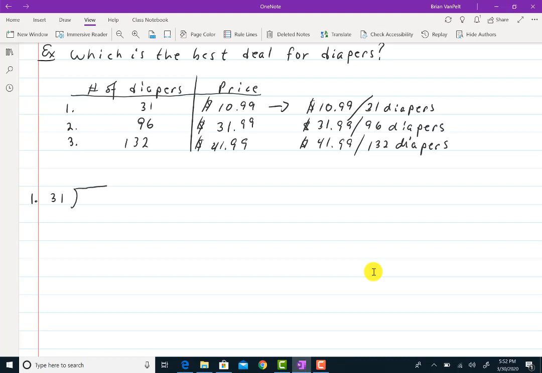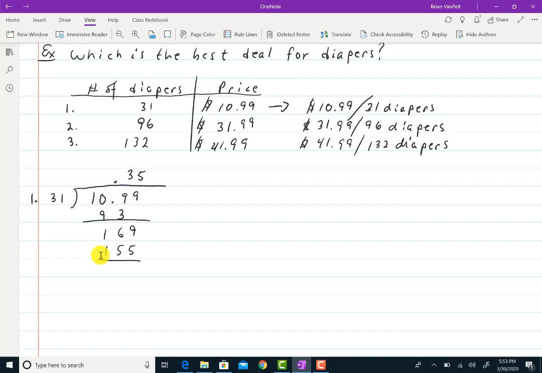31 into 10.99. So let's find out what we got. 31 does not go into 1 or 10, but it goes into 109 3 times. And I'll end up with 93. Subtract, I get 16, and I can bring down the 9. 31 goes into 169 5 times. 5 times 31 is 155.